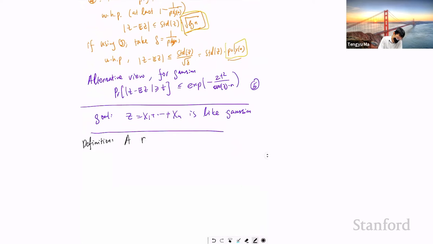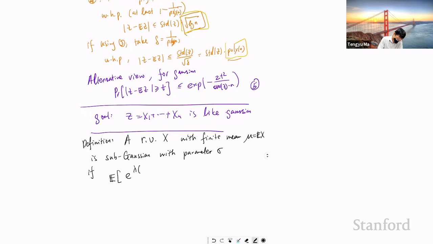So let's say a random variable x with finite mean, this is a one-dimensional random variable, mu, which equals the expectation of x, is called sub-Gaussian with parameter sigma if the following is true.